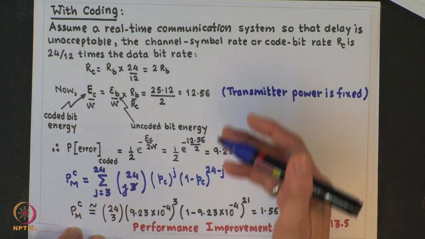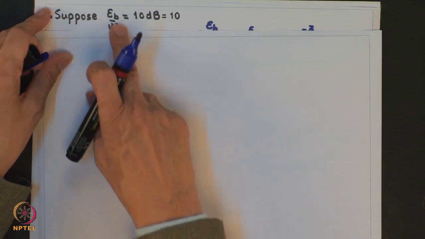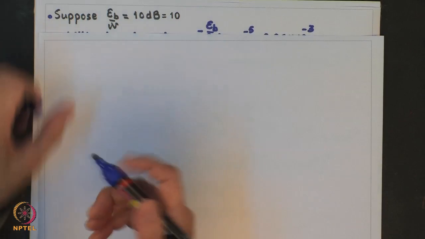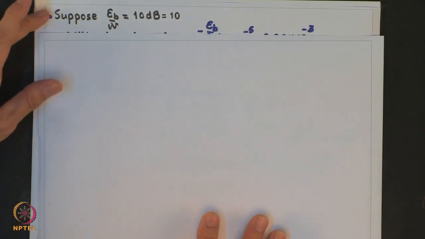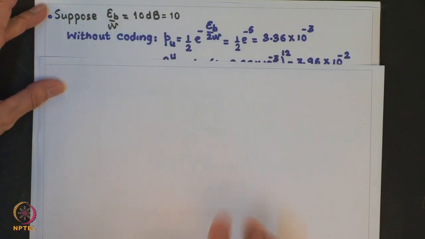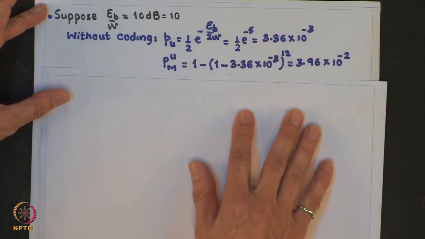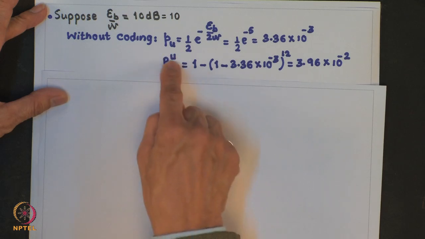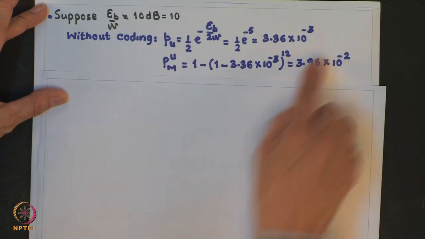Suppose now we decrease the SNR per bit at the receiver end, and let us say that it turns out to be 10 dB. So, this is equal to 10, and now let us recalculate everything. Without the coding we find the probability of error in the message; in the uncoded case, this turns out to be this.